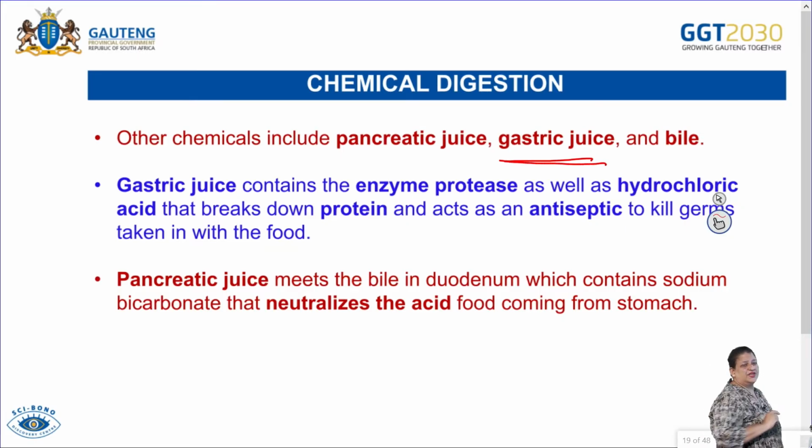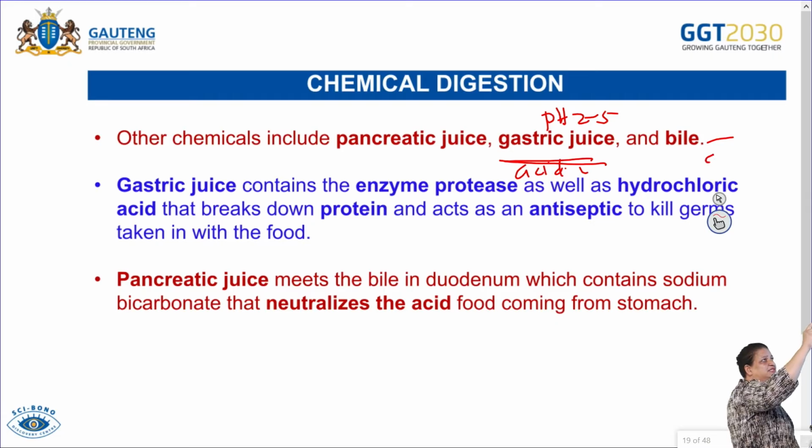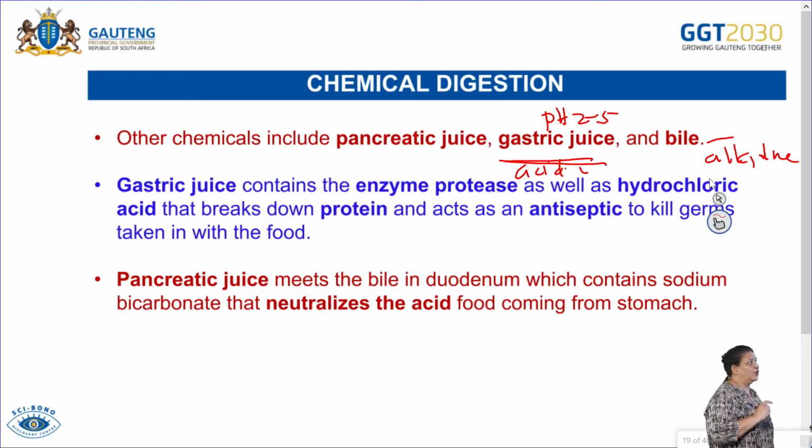Gastric juice. So the juice in the stomach is a liquid which has enzymes. It's called gastric juice. That one has a pH of between 2 to 5. It's acidic. So gastric juice is acidic. Bile juice is alkali, made by the liver, produced by the gallbladder.